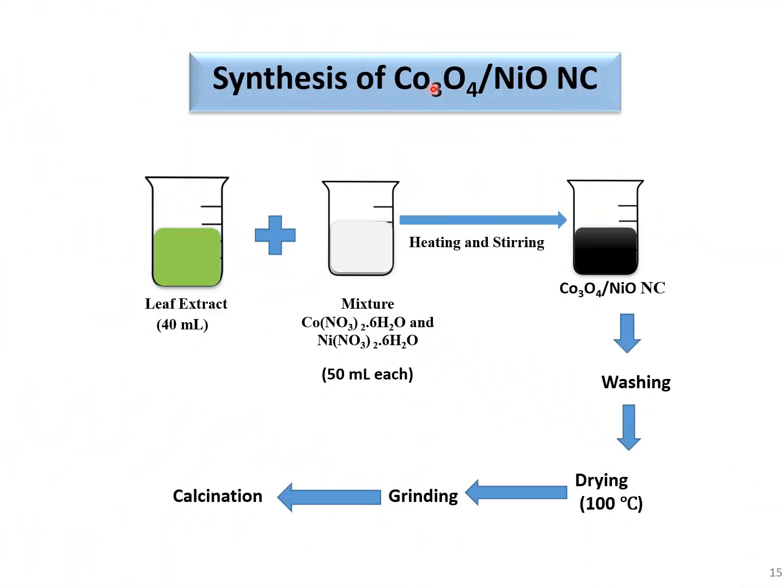For preparation of cobalt oxide and nickel oxide nanocomposite, we take almost 40 ml of the leaf extract, and then we add 50 ml of salt solution of cobalt nitrate and nickel nitrate into this leaf extract, and then we do the heating and stirring at 80 degrees centigrade.